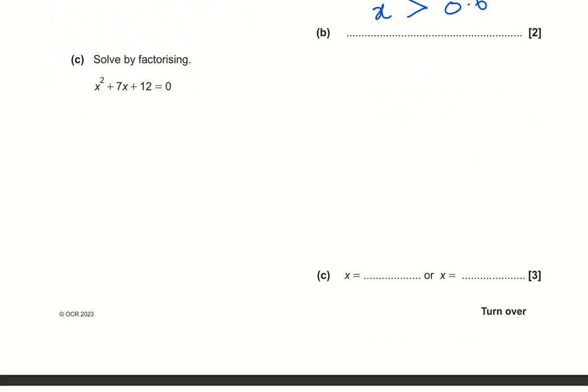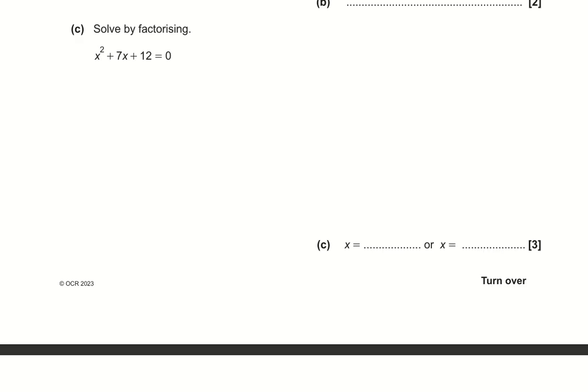Solve by factorizing. So we got a quadratic equation. I'm going to find out first. I've just opened my brackets, two brackets. Then I will see, I just want to think about this term and 7. So I'm going to find out the factors of 12.